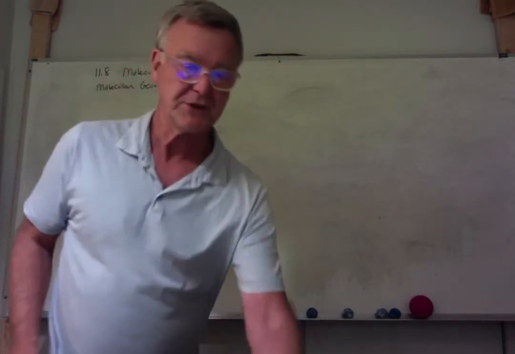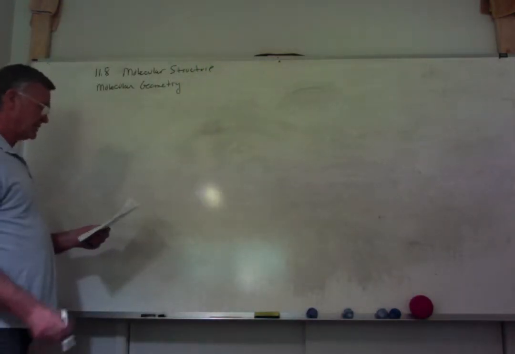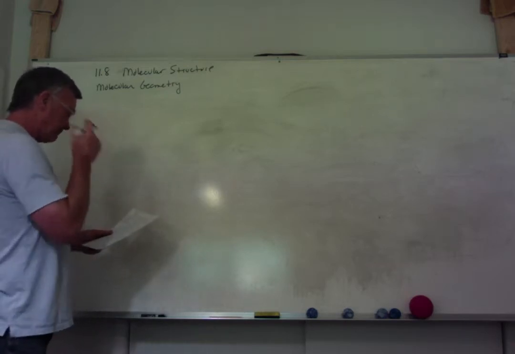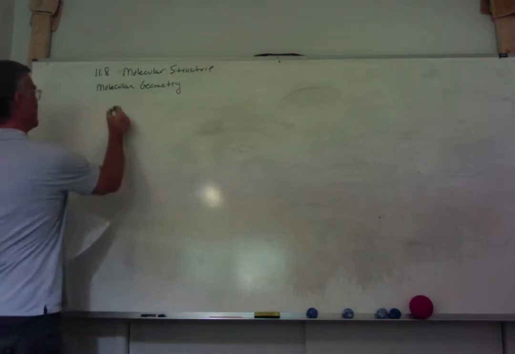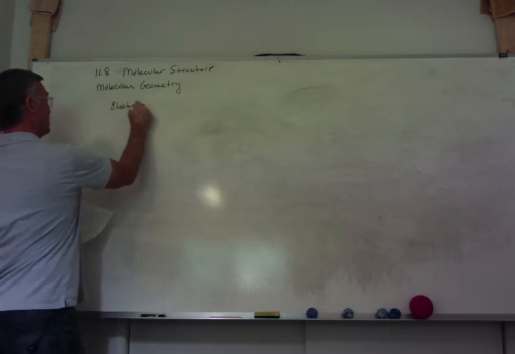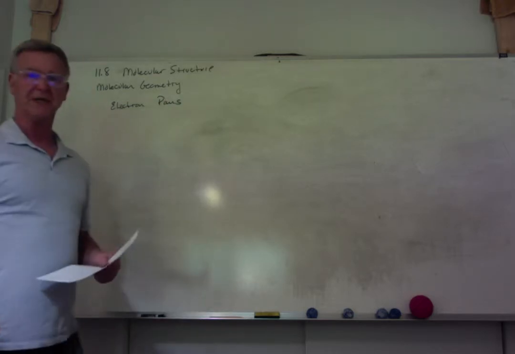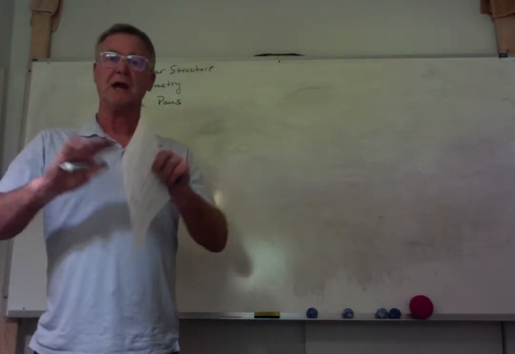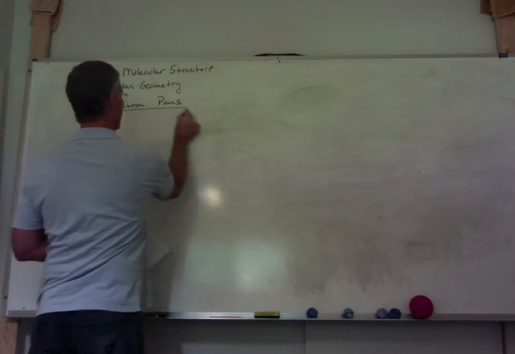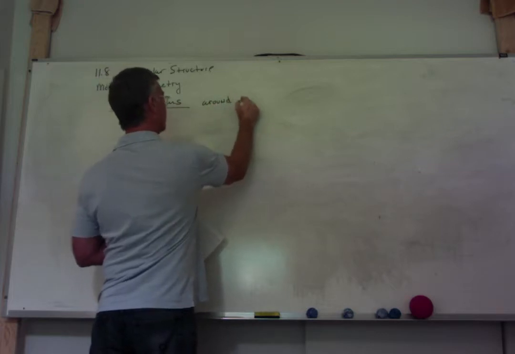So what I want to do in this introductory video is just give you some basic terminology. We are going to end up talking about something called electron pairs. We're going to be doing the simplest type of atom, and what we're going to be doing is asking, what does it look like around the central atom? And what we're interested in is the electron pairs, usually around the central atom.